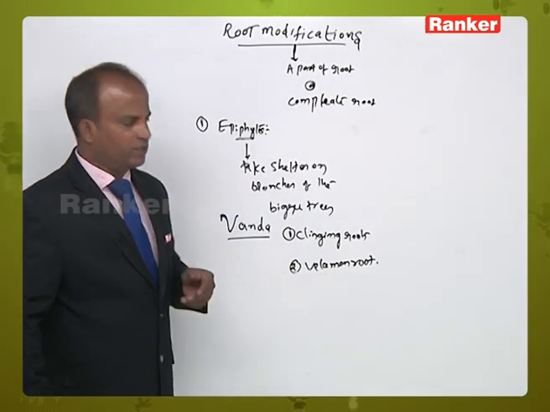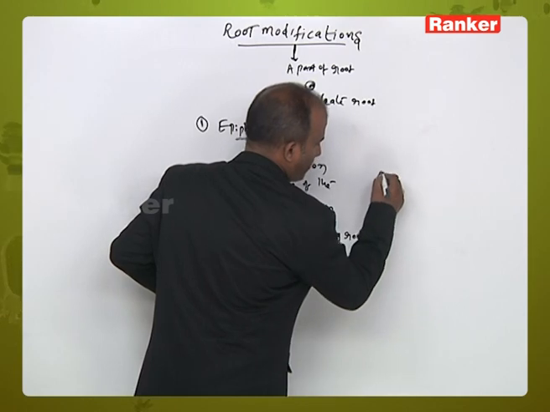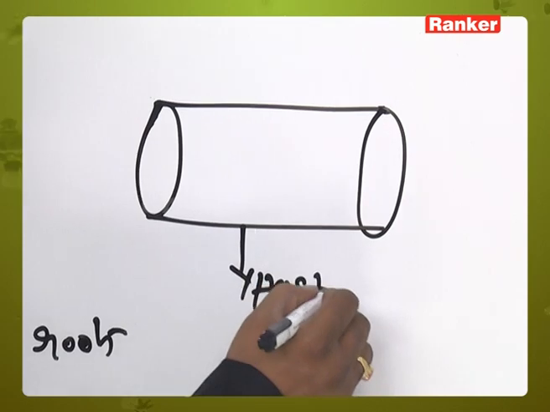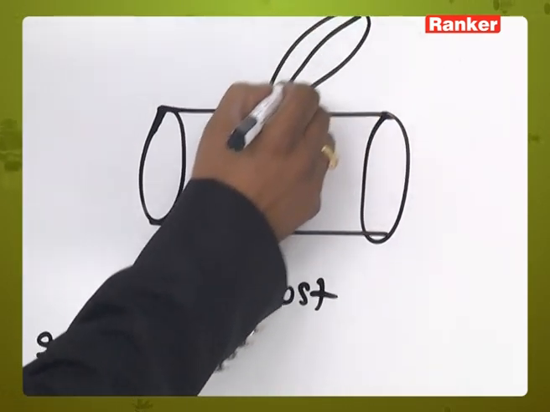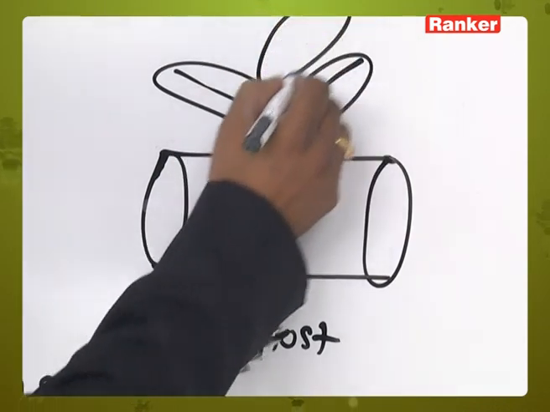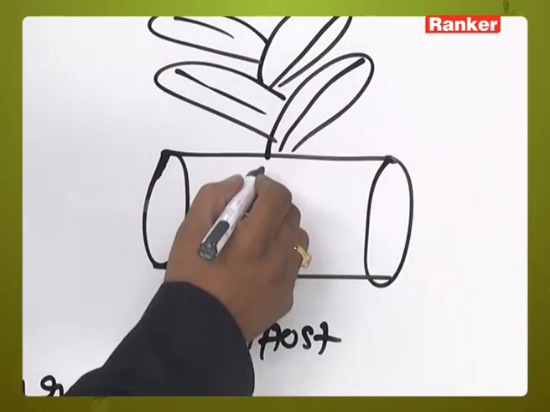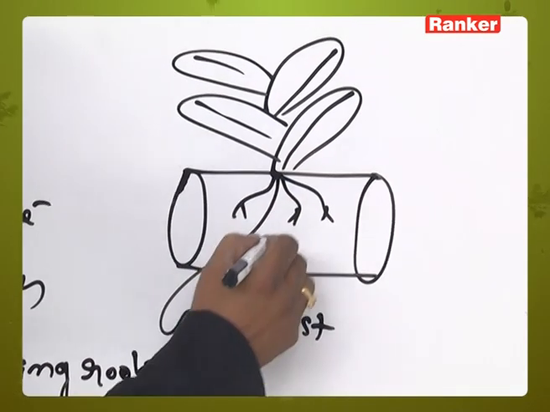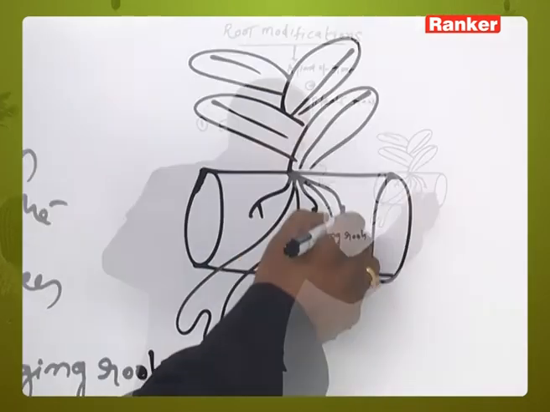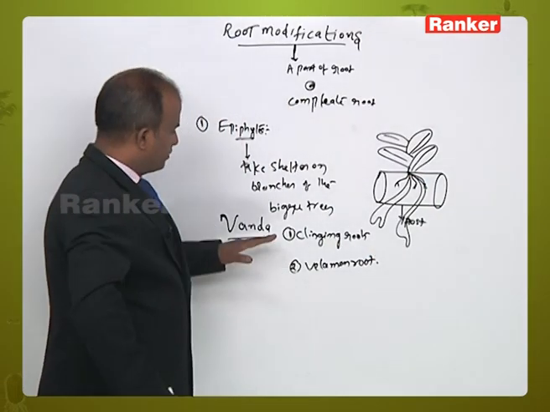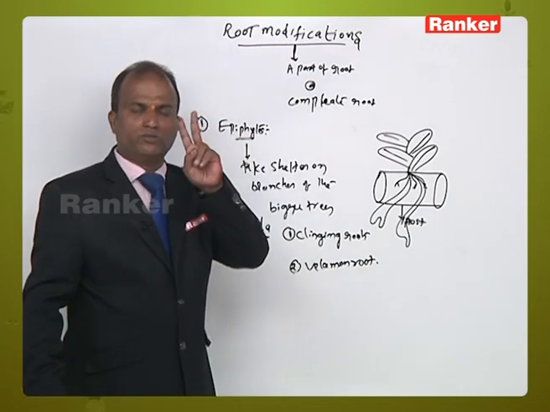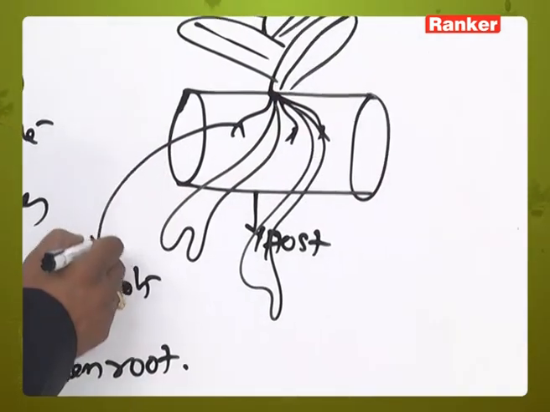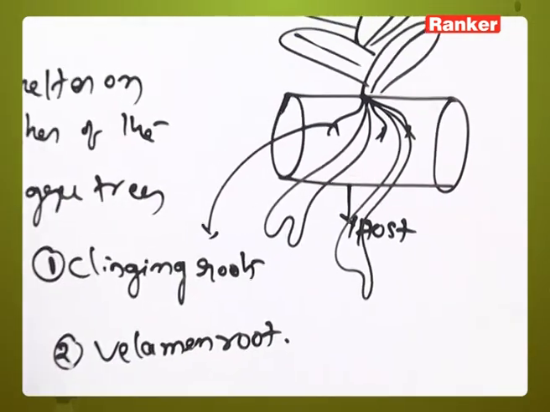It is very easy. See here. Morphologically the roots are of two types in vanda. One is clinging roots.